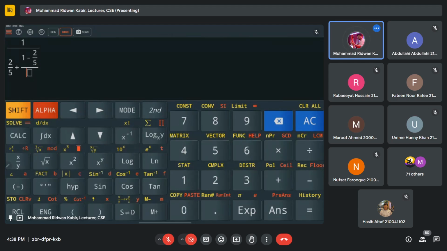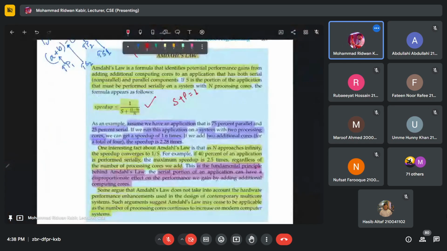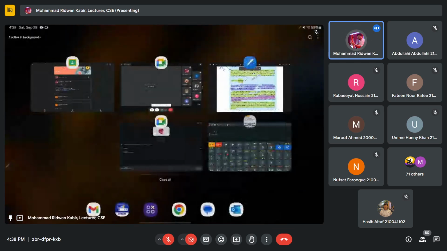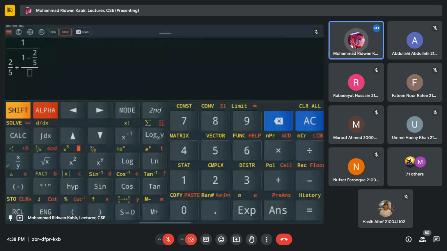Now, in the formula you see here, the value n basically indicates the number of processing cores that are available to you, right? And what I'm trying to demonstrate is, let's say you take 2 processing cores, okay? In that case, your speed up is 1.43, right?